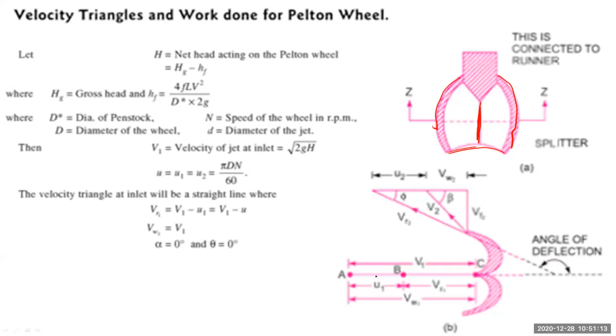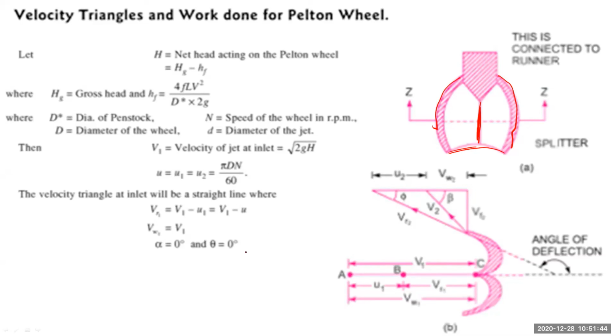So water comes and strikes like this. Here the theta and alpha angles that we saw in unit number 4 apply. In the same way you have to draw your velocity triangle here also. And again I am telling you, this velocity triangle is very, very important. If you have drawn it correctly, then your numerical is over.